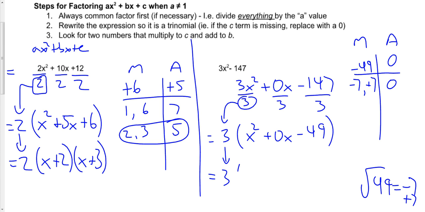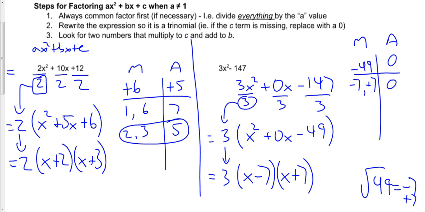So my factor must therefore be x minus 7, x plus 7. Okay, and so again, you have to keep that common factor out in front. So the correct answer is going to be 3 times x minus 7 times x plus 7.